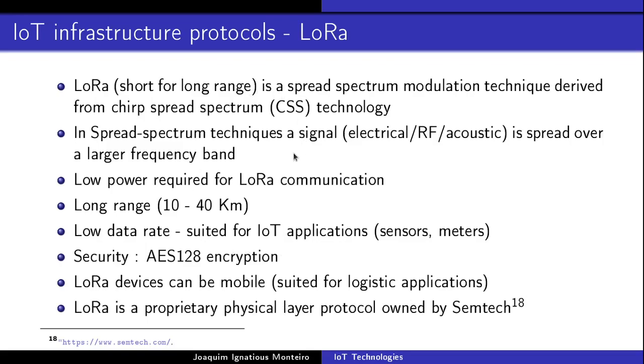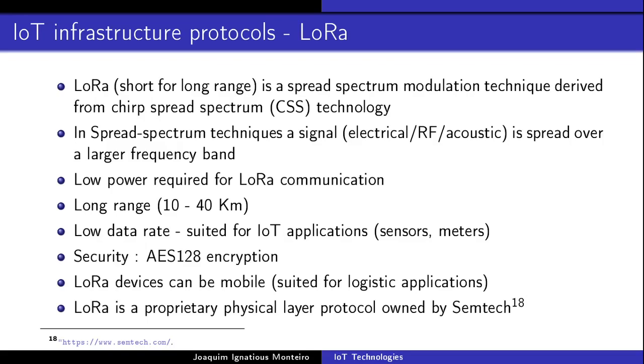Right. Okay. So LoRa is an abbreviation for long range. It's a spread spectrum technology. We are familiar with spread spectrum technology. In fact, CDMA is a form of spread spectrum technology. CDMA phone, whatever.